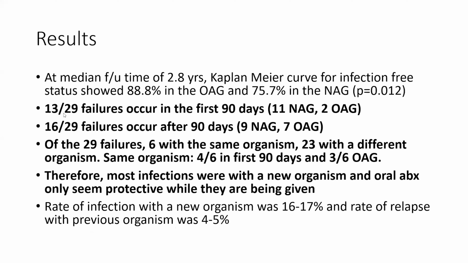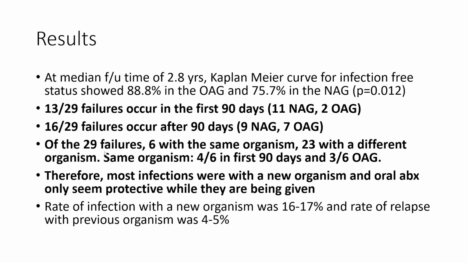It turned out that 13 of the 29 failures were in the first 90 days when they got antibiotics. 11 of those were in the non-antibiotic group. So only 2 antibiotic group patients failed in the first 90 days. But after 90 days, there were 16 failures and they were evenly distributed. So the antibiotics only seemed to help while they were being given.